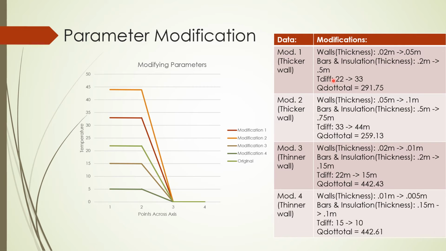Okay, and then I did some parameter modifications here to kind of see how you would optimize a wall here and what's really going on. So the graph here shows what happens when the thickness of the walls, bars, and insulation are changed. So the temperature difference across the wall.